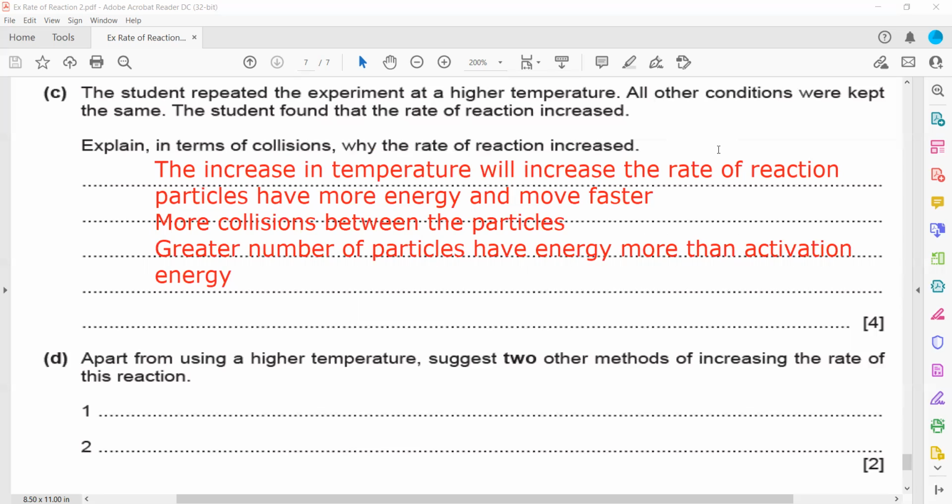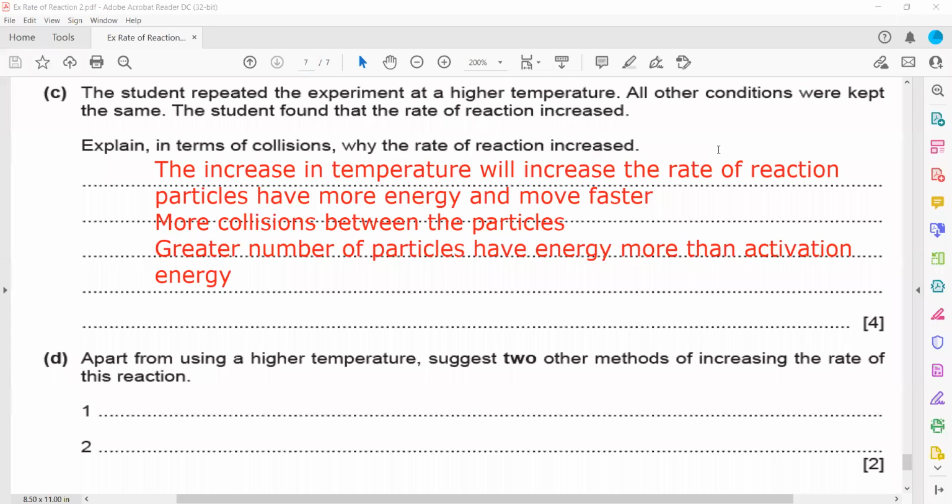That's one mark. Particles have more energy and they will move faster. That is the second mark. Sometimes more energy and move faster are given 2 marks, and sometimes they are specified as the same, so they give 1 mark. Then more collisions between the particles will be there. That's the third mark. And a greater number of the particles have energy more than activation energy. That will be the fourth mark.